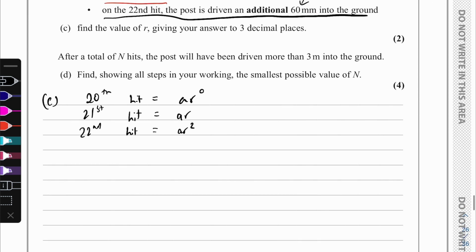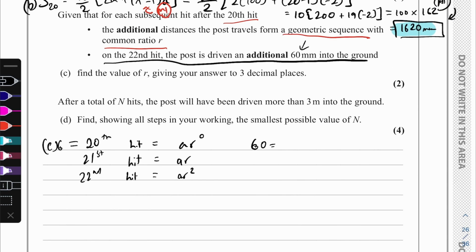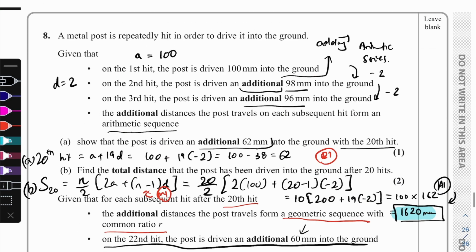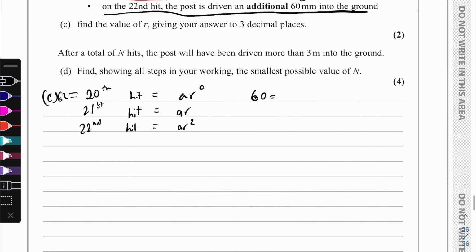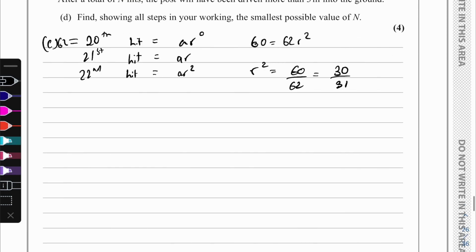So now we can just substitute it: 60 equals a times r squared. A we know is the 20th hit, which is 62 from the previous question. So 60 equals 62 r squared. So r squared equals 60 over 62, which equals 30 over 31. So r equals the square root of 30 over 31.